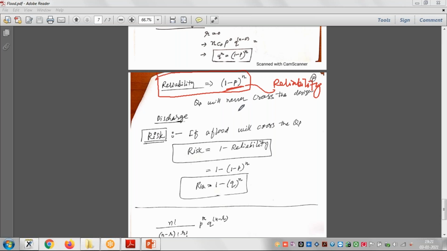Reliability means, for example, we made one bridge. There is one bridge.